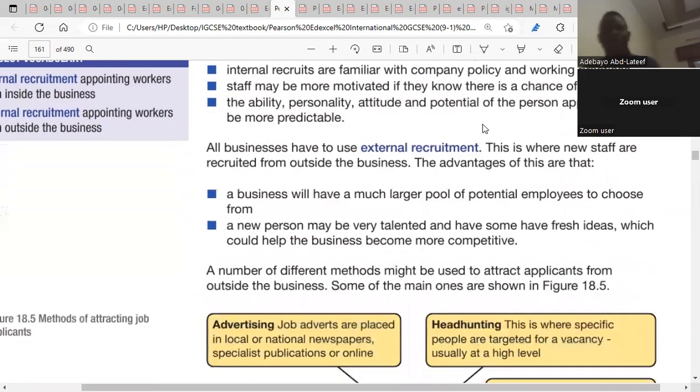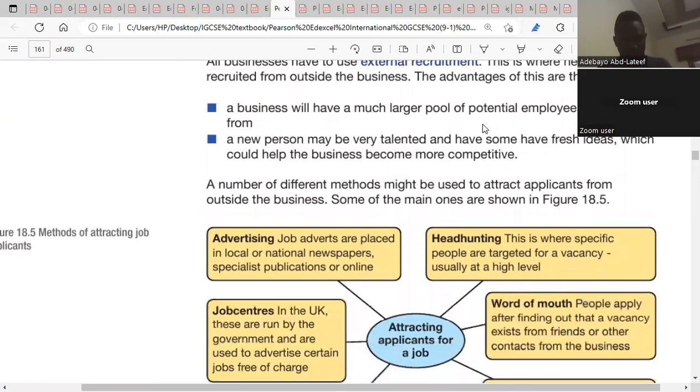So we go external. For external recruitment, it means you are employing workers outside the company. Okay. So what are the advantages about this? One, because you are employing workers from outside, a lot of applicants will apply. So you could have large numbers of potential employees that you can choose the best among.